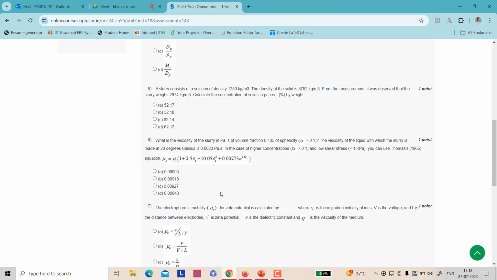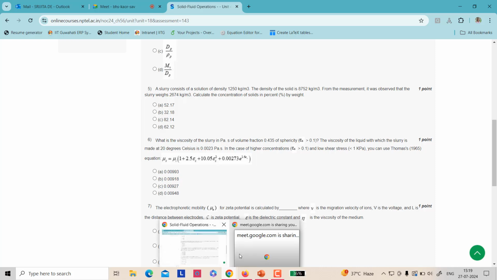The viscosity of the liquid with which the slurry is made at 20 degrees Celsius is 0.0023 Pascal second, in the case of higher concentration, epsilon s is greater than 0.1 and low shear stress is less than 1 kilopascal. You can use the Thomas 1965 equation for this.